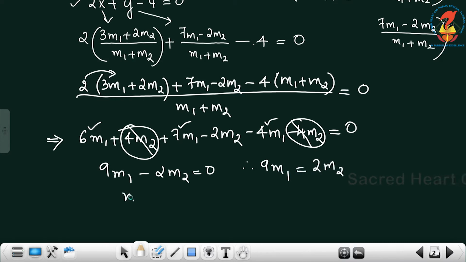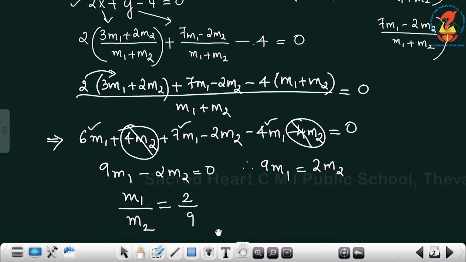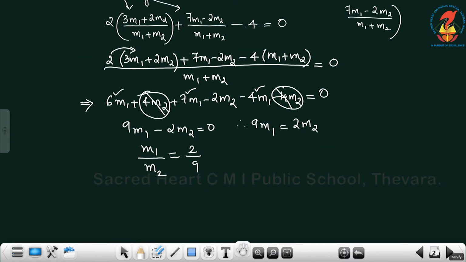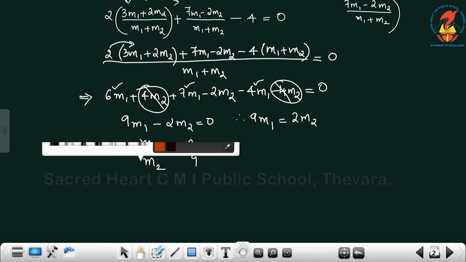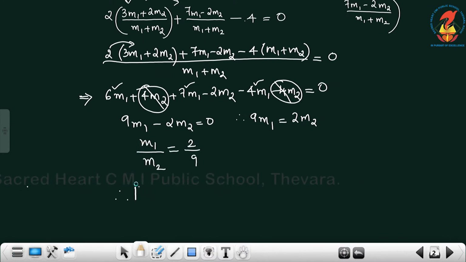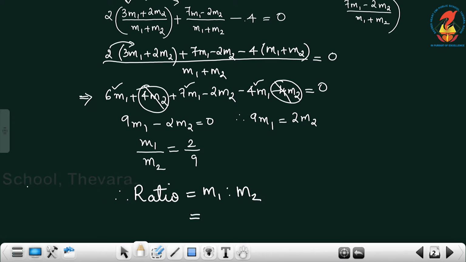We need to find m1 by m2. So what will be m1 by m2? 2 by 9. But our final question is to find the ratio. Therefore, ratio m1 is to m2 is equal to 2:9.